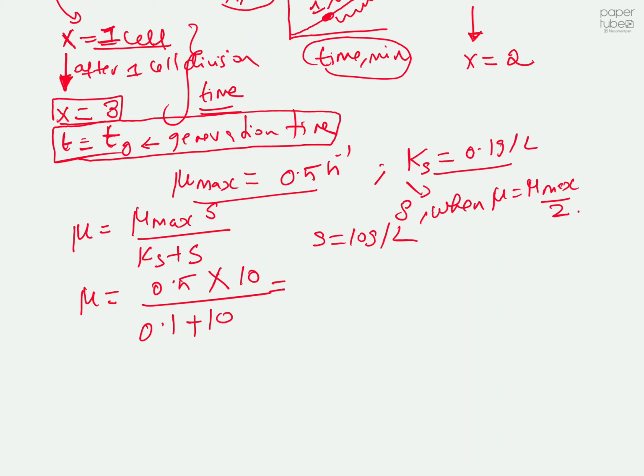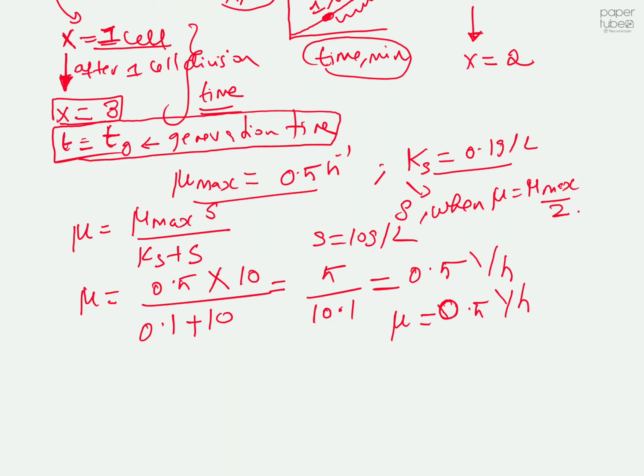This will be 5 divided by 10.1, which is about 0.5. You should pay attention to the units. Your mu max is expressed in 1 per hour, so mu will also be in 1 per hour. Your specific growth rate will be equal to 0.5 per hour.